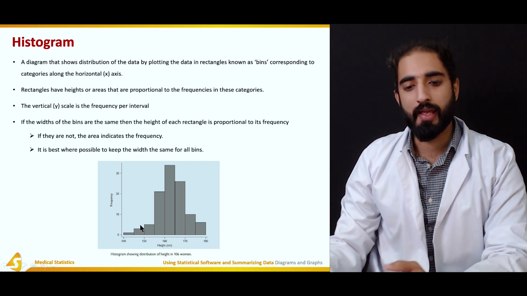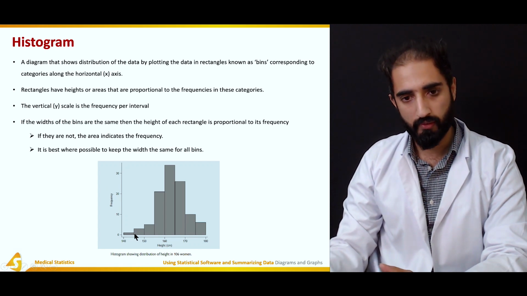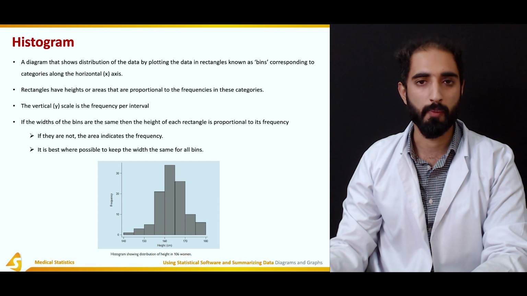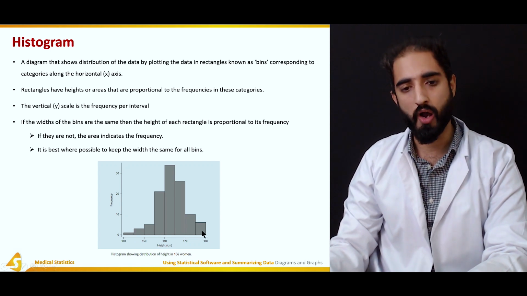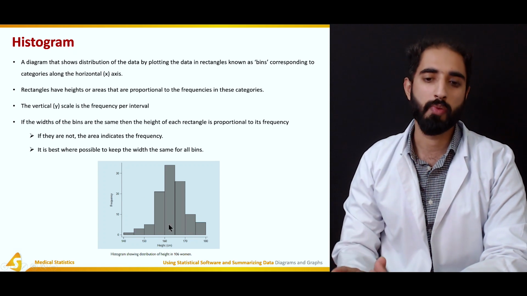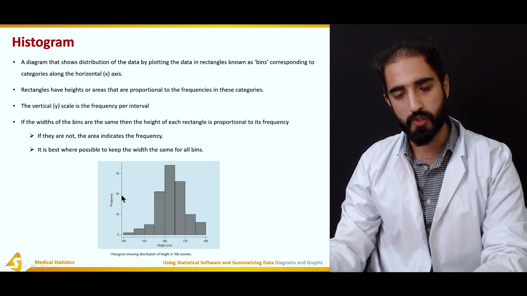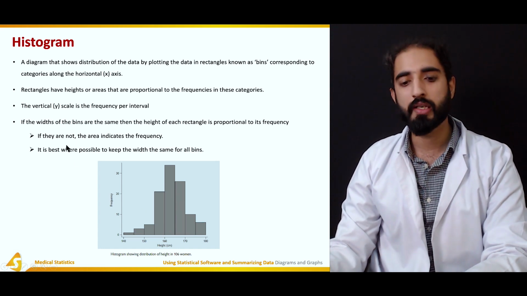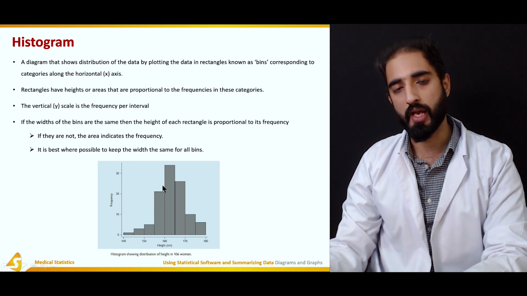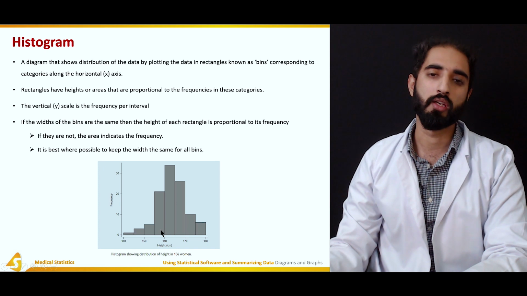Sometimes the width of these bins or rectangles may differ, and sometimes they may be the same. If they have the same width throughout, then it is all dependent on the height, and the greater the height, the greater the frequency. Which means the height of the rectangle will be proportional to the frequency. But if the width of these rectangles or bins is not equal, then the area indicates the frequency.